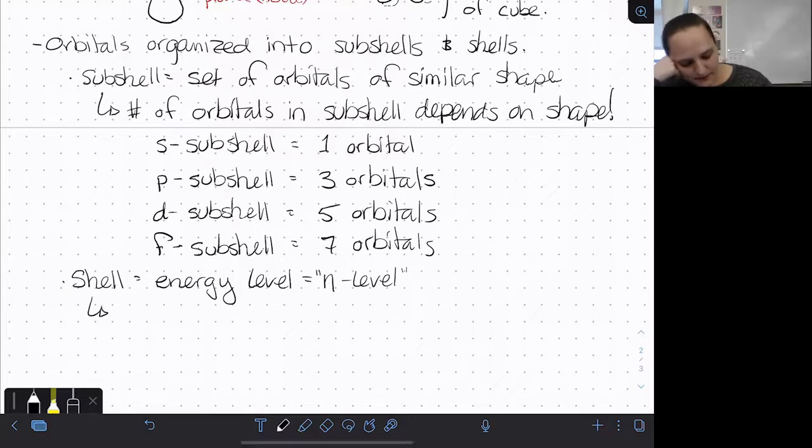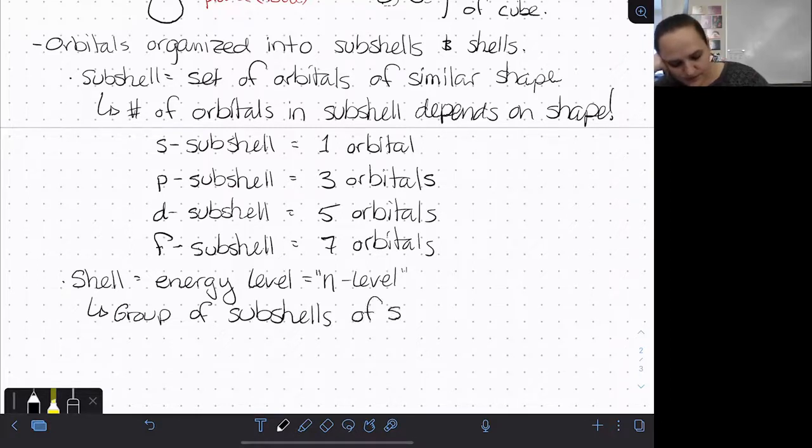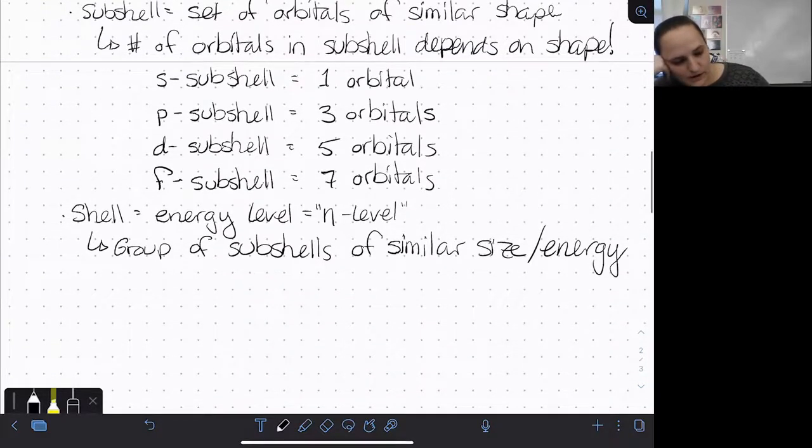So these are a group of subshells of similar size and energy. Which subshells are present depends on which shell you're in.